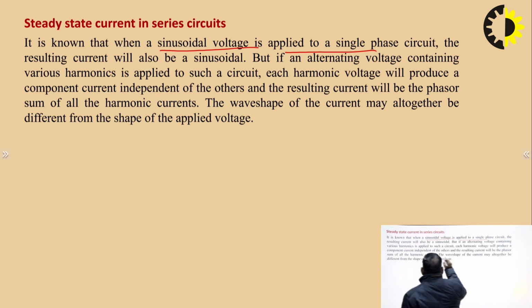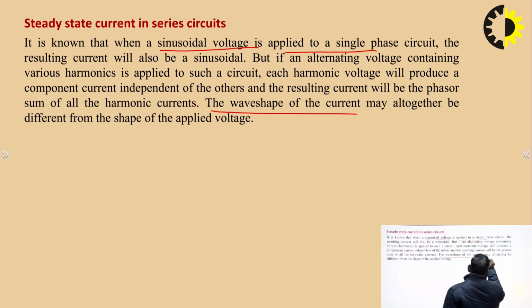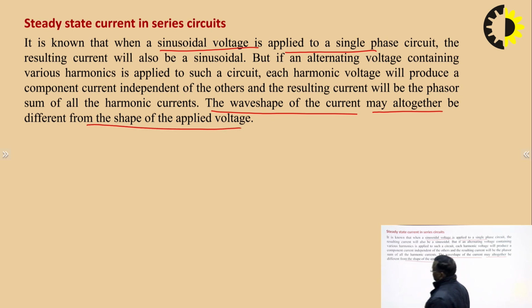So the wave shape of the current may be altogether different from the shape of the applied voltage, whereas in the case of purely sinusoidal input the current is also sinusoidal. In the case of a non-sinusoidal periodic wave shape, the current waveform will be different from the voltage waveform.